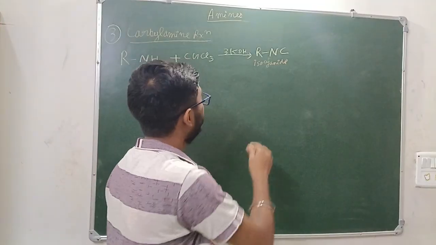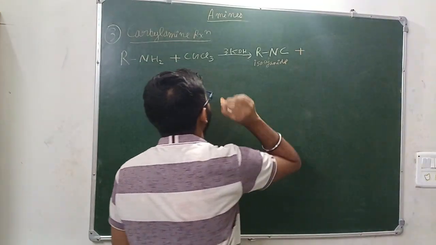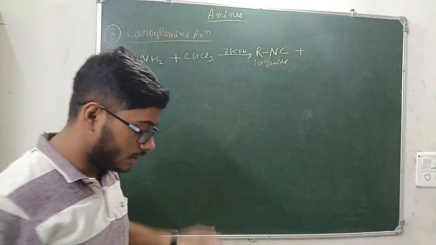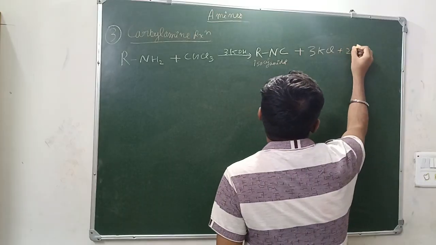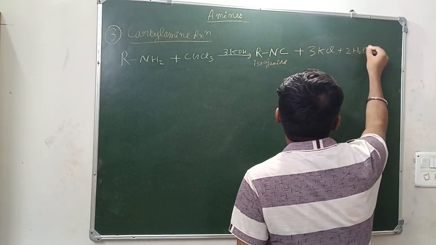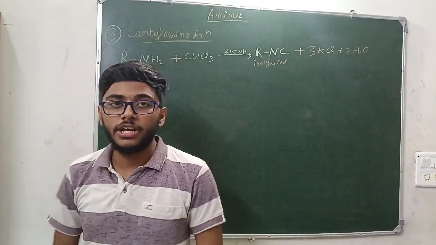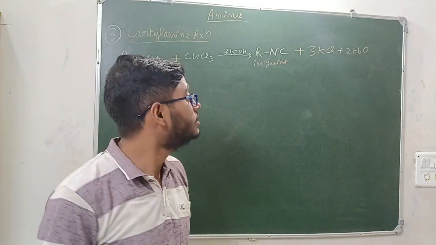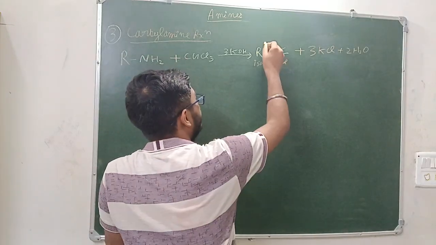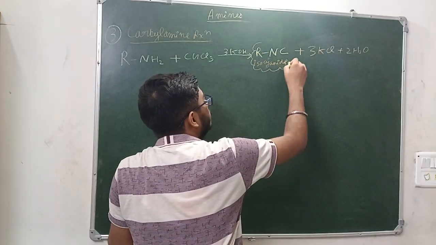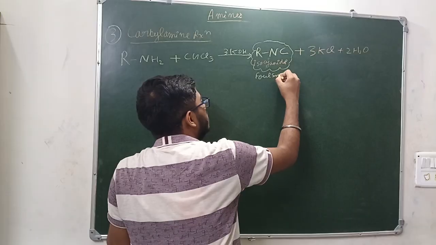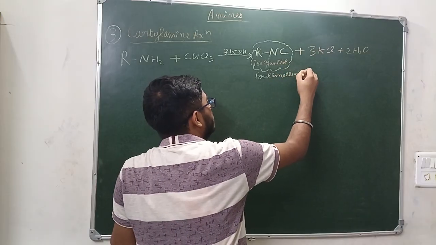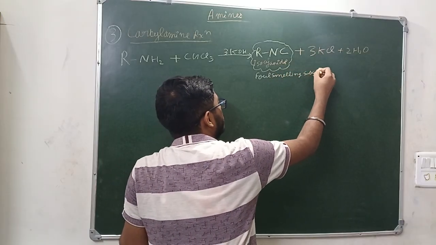And with this, 3 moles of KCl is released and 2 moles of water is made as byproducts. In JEE Advanced 2021, this information was used: the foul smelling compound. You can also recognize this isocyanide by its foul smelling substance.